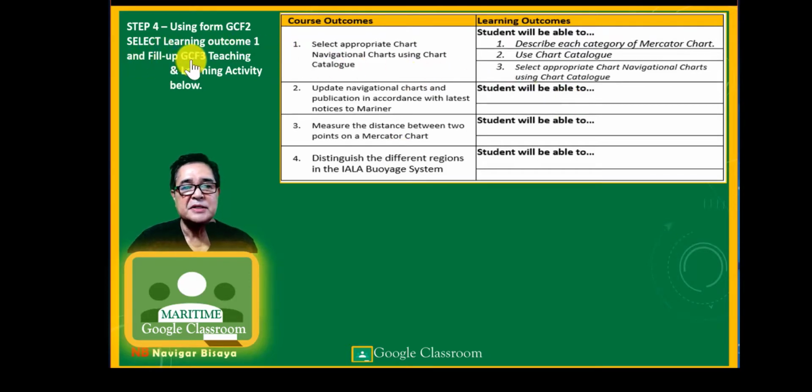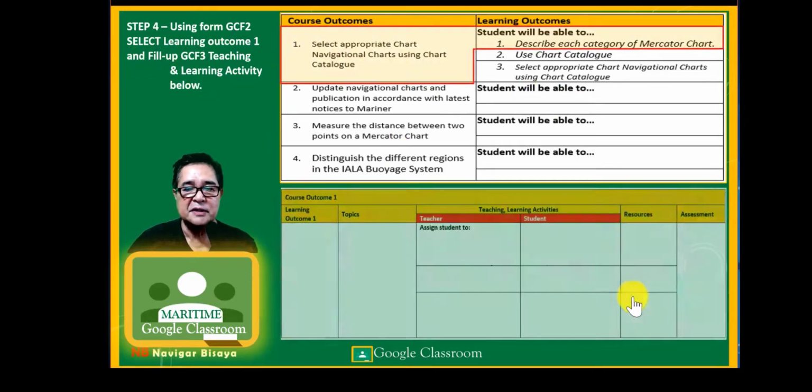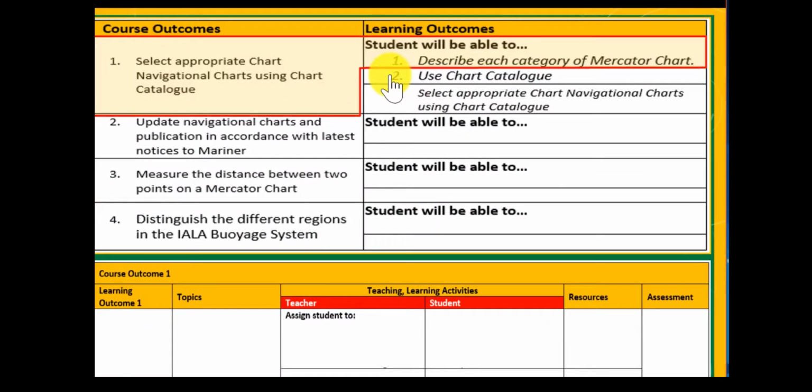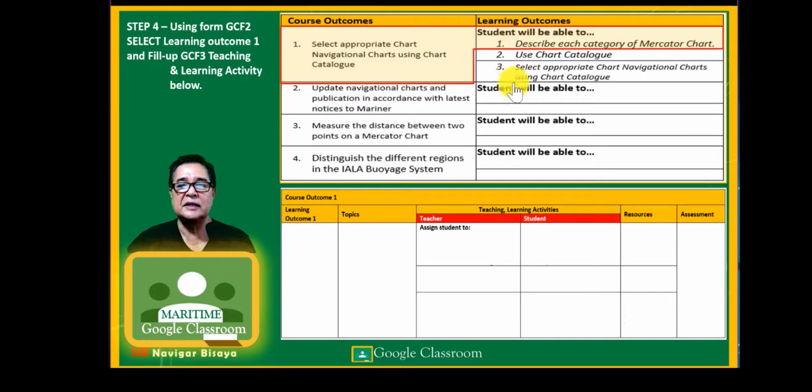The next step is, using the form GCF2 with the course and learning outcomes, fill up GCF3. GCF3 is the teaching and learning activities. But we have to fill this up from this one: select one course outcome and one learning outcome, then transfer it here.